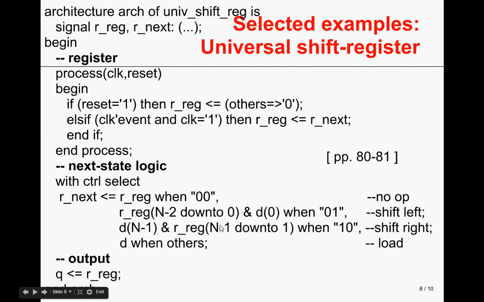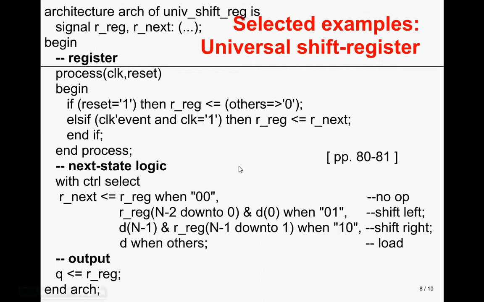So we will shift right by concatenating the bits that were all on the left with the leftmost bit of the parallel input. And if we want to load the value of the parallel inputs.